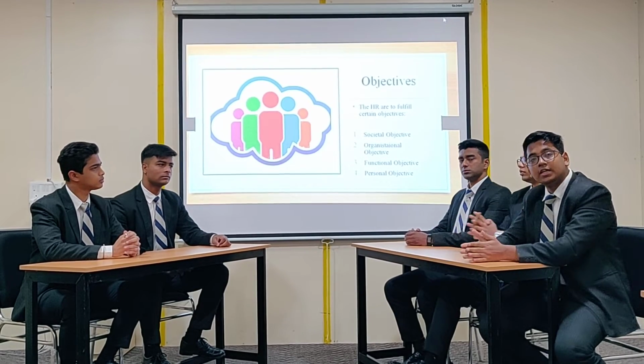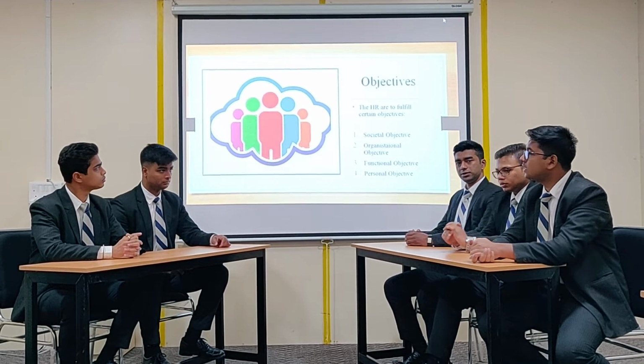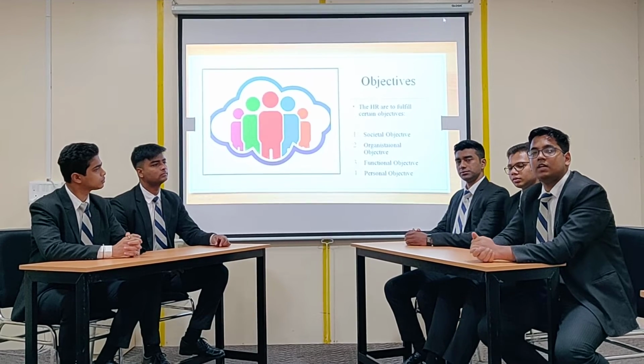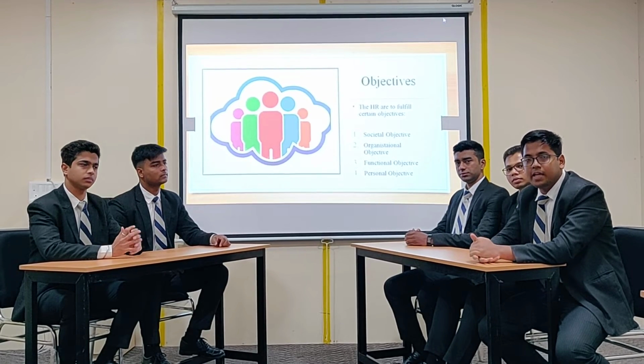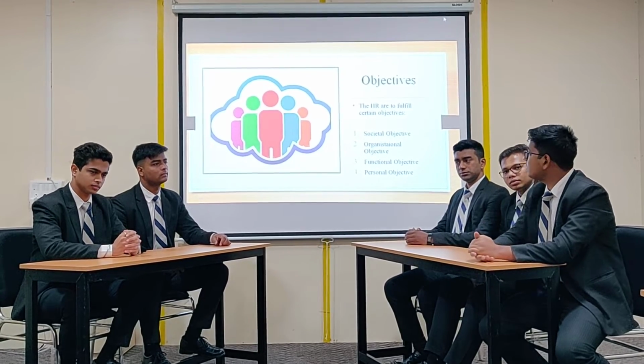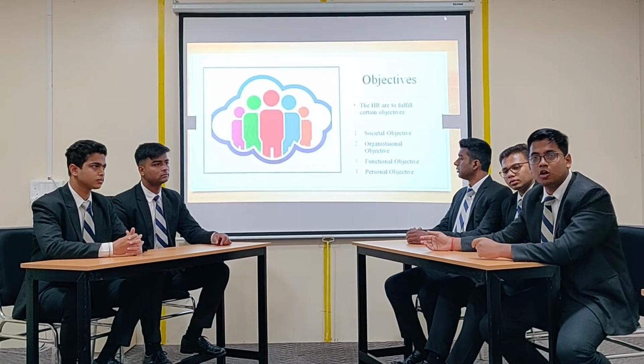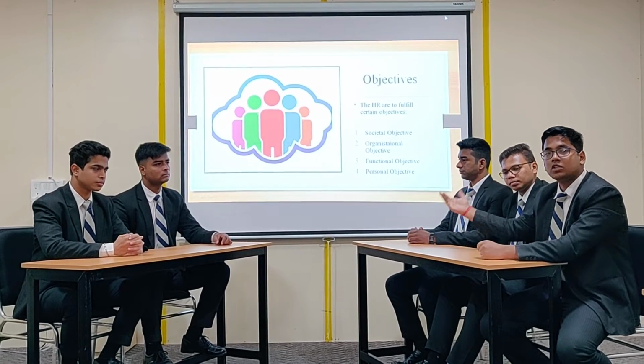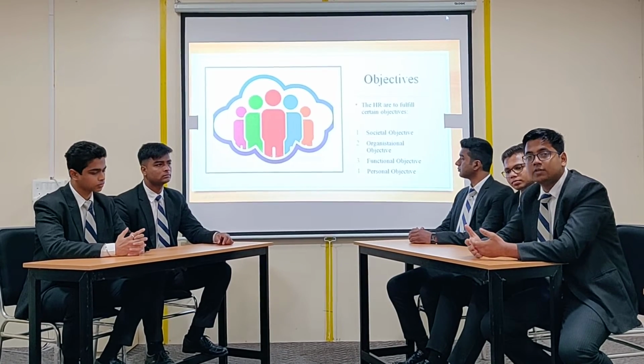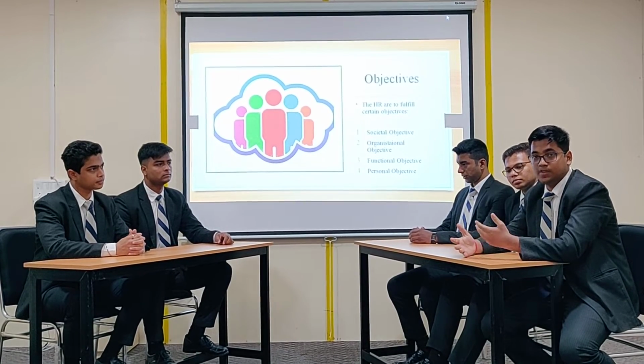So here are the objectives of human resource management. These are objectives that we want to collectively achieve for an organization: societal, organizational, functional and personal objectives. Societal objectives are those which we collectively want to achieve in and around.